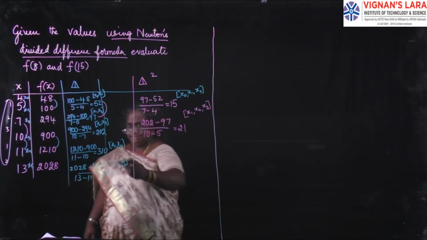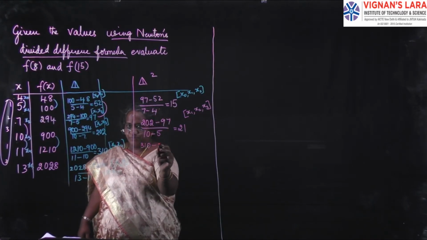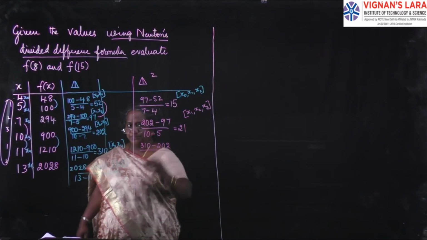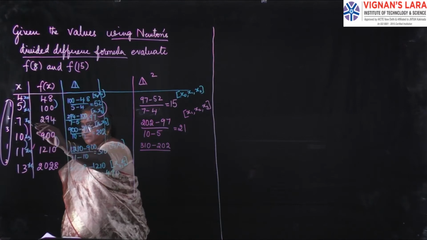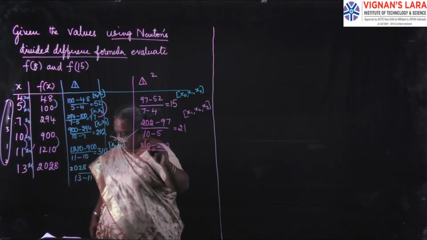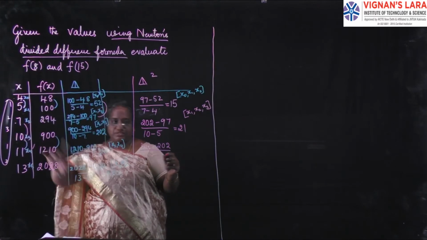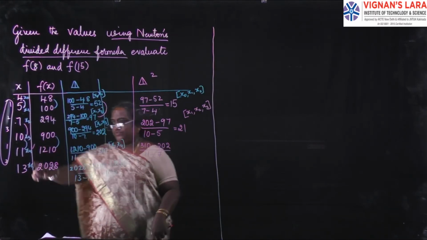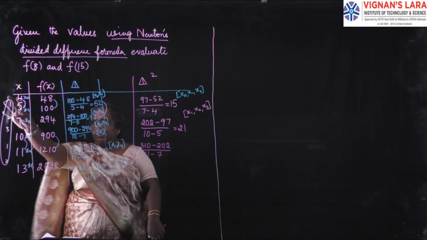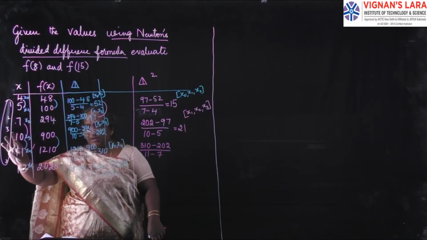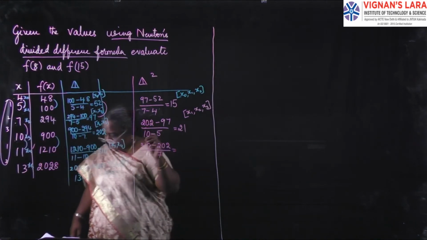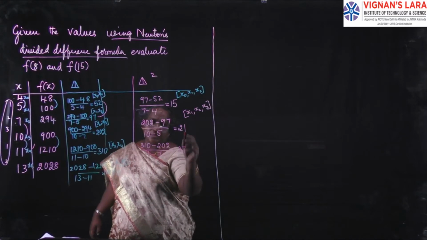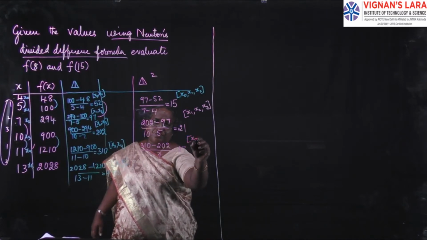Similarly, 310 minus 202 by, this time it is x4 minus x2, taking 3 at a time. 5, 7, 10 gave 10 minus 5. This time 11 minus 7. So this is 27. This is the second divided difference of x2, x3, x4.